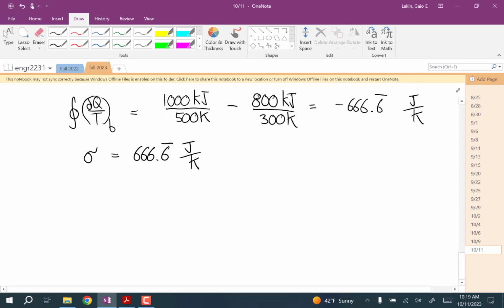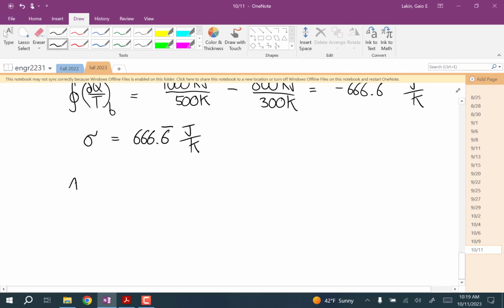All right, so now we're going to apply the TdS equations for incompressible materials. To us, that's liquids.